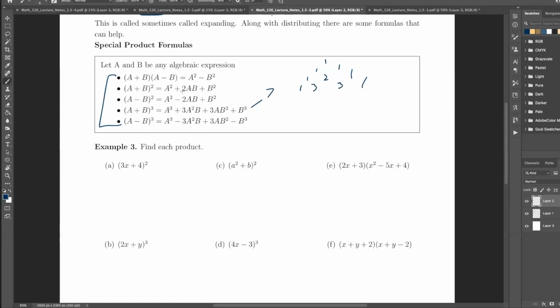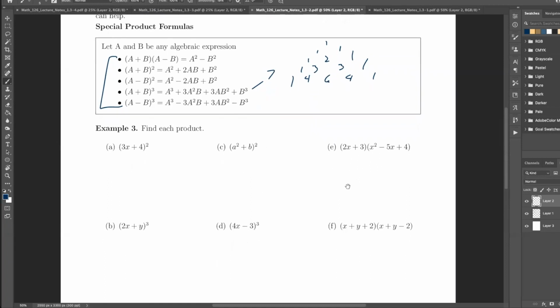So notice here you have the 1, 2, 1 structure. Here you have the 1, 3, 3, 1 structure. And if you had a quartic, it'd be the 1, 4, 6, 4, 1 structure. We'll get into this later, but this is just a little preview.